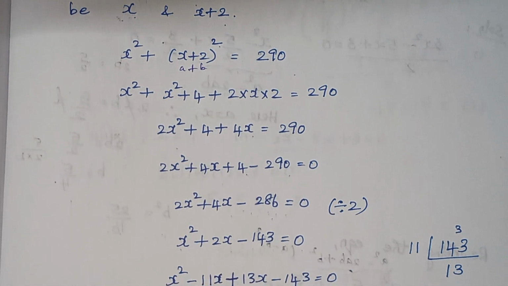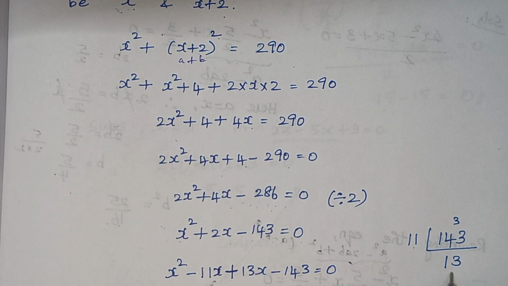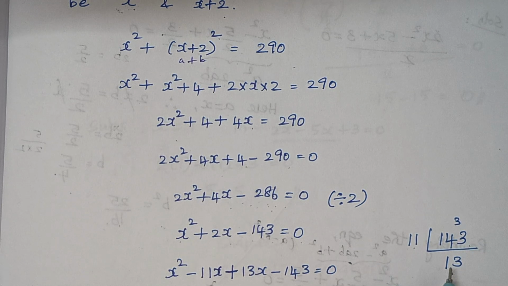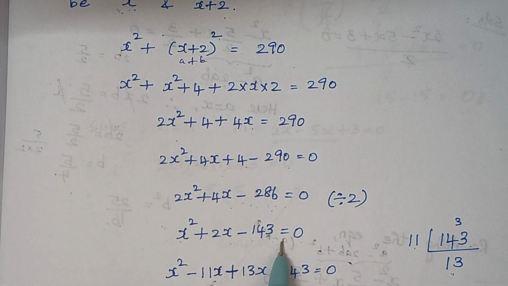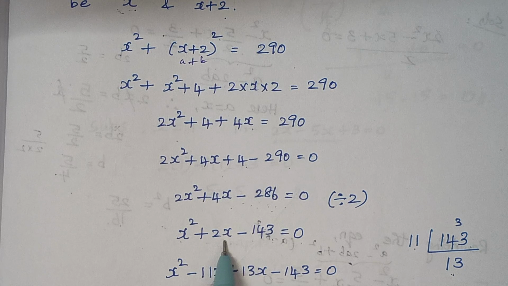As usual, you see 143 when divided by 11 gives 13, so 143 can be written as 11 into 13. You have to select two numbers whose product is minus 143 and when added, the answer is plus 2.